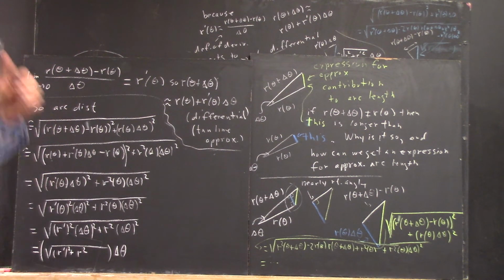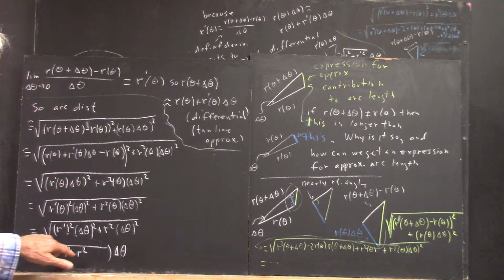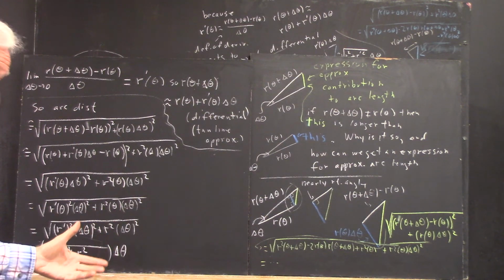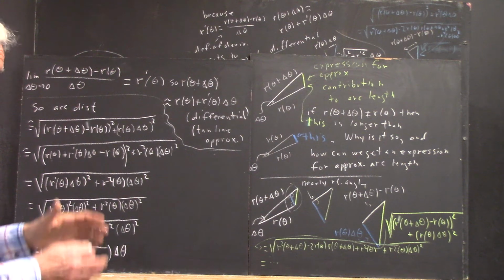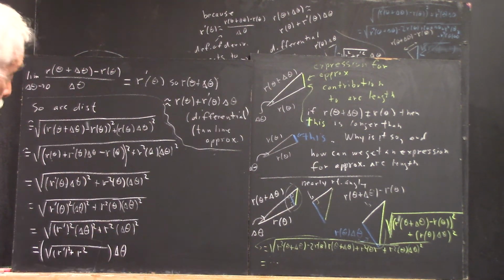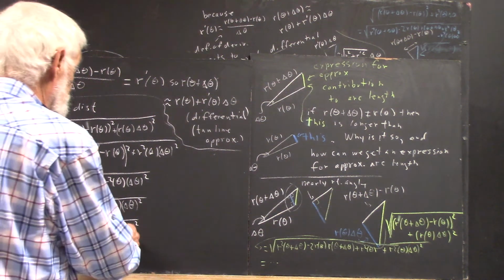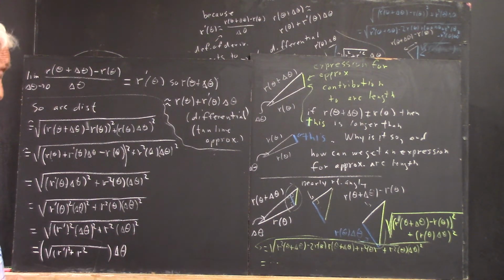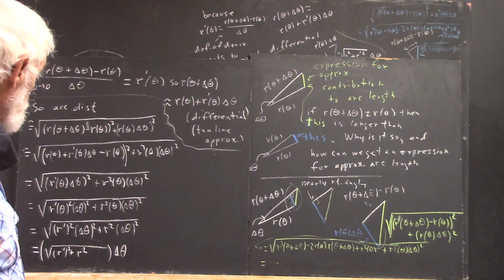In other words, factor the delta theta squared out, and you get r prime squared plus r squared times delta theta squared, quantity times delta theta squared. And then, since the square root of a product is the product of the square roots, you're going to have the square root of this times the square root of delta theta squared. The square root of delta theta squared is delta theta. So now this is the quantity that you end up integrating.